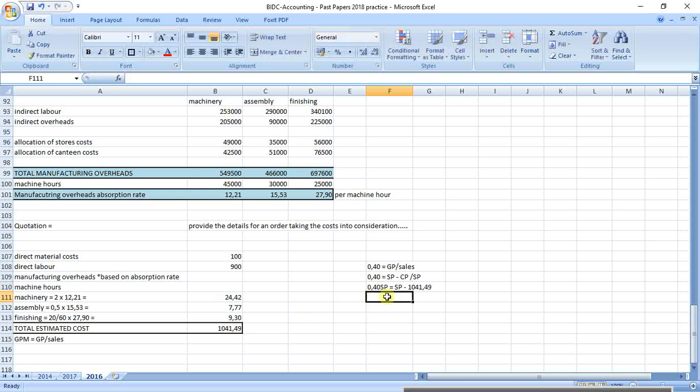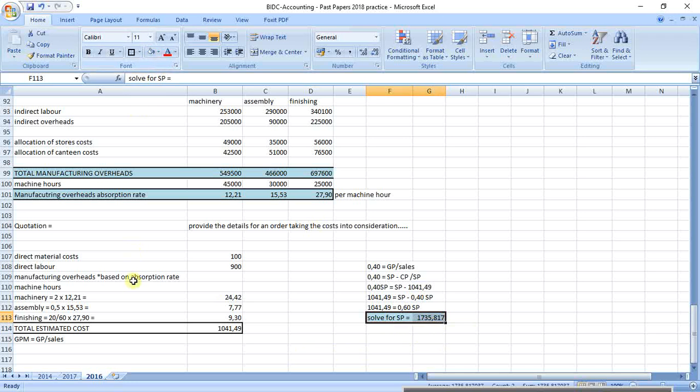The cost price was 1041,49. So 1041,49 equals SP minus 0.40 SP, which is 0.60 SP. Solving for SP, the selling price is this divided by 0.6.